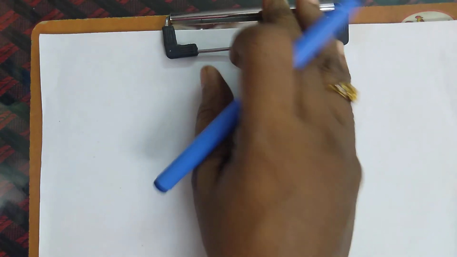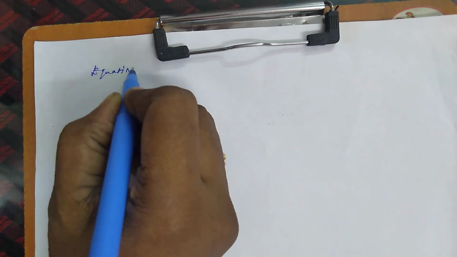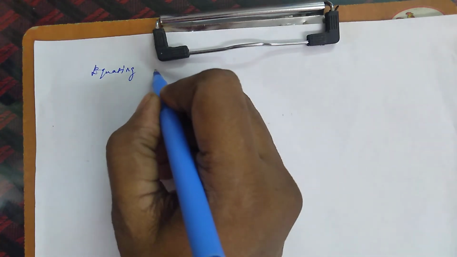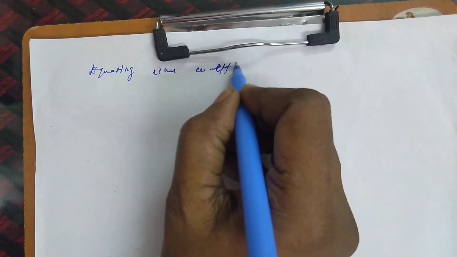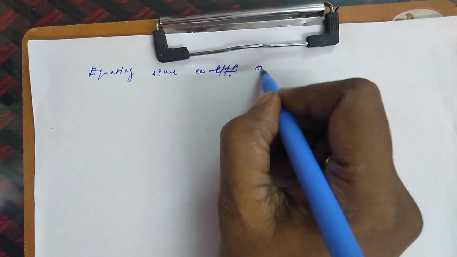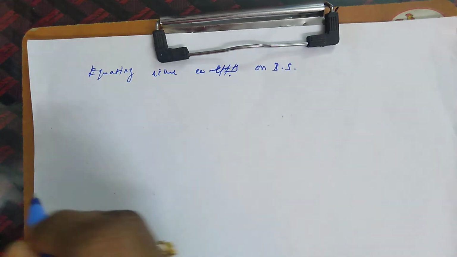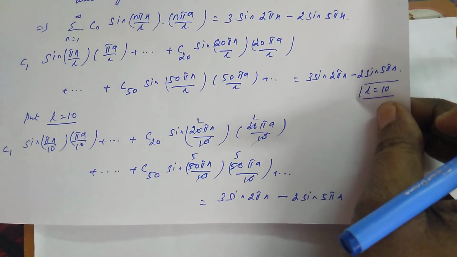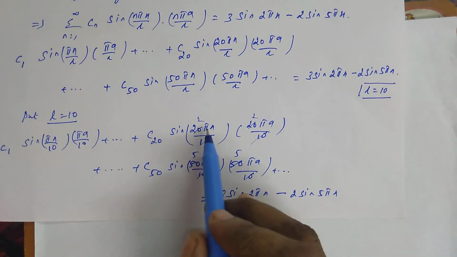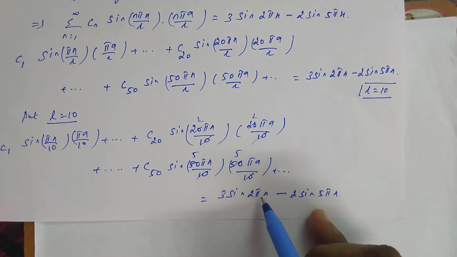Equating like coefficients on both sides. Okay, so on the left hand side we can get sin 2 pi x, and here also sin 2 pi x.